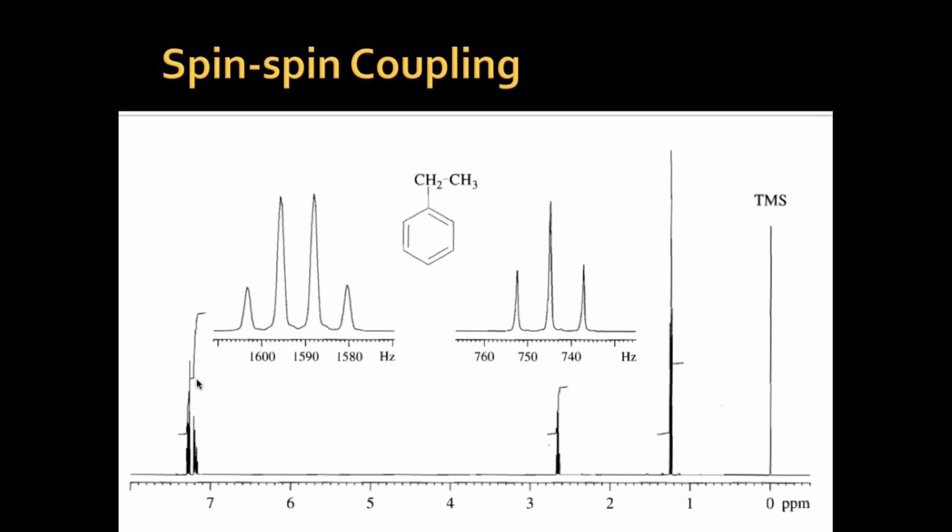So if I see that, I can tell you that we have an aliphatic region, you have a CH3, CH2, and an aromatic region, of course, you have aromatic rings, aromatic protons, right?